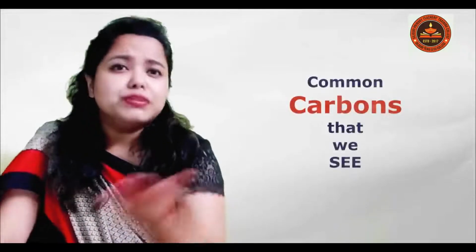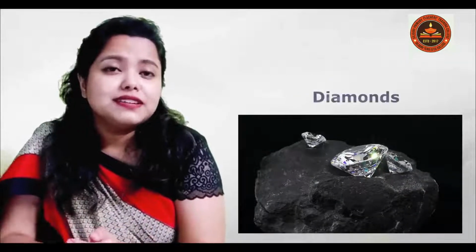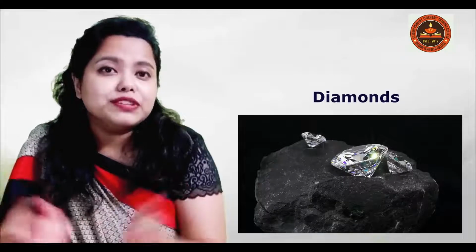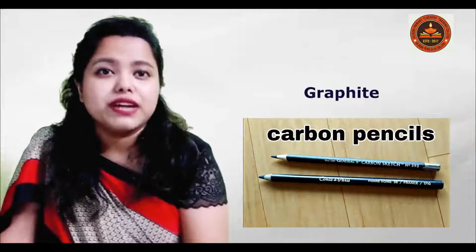Next is what are the common carbons that we see in the environment? Of course, the gemstone, right? We all know diamond, right? Diamond is a form of carbon compound. Likewise, you see graphite. Where is graphite present?